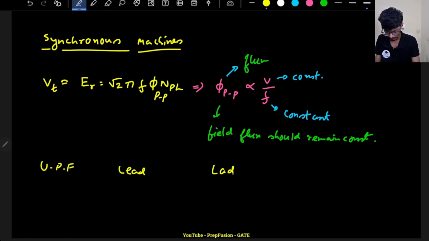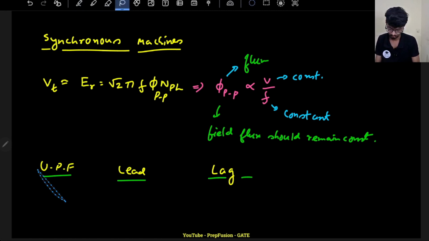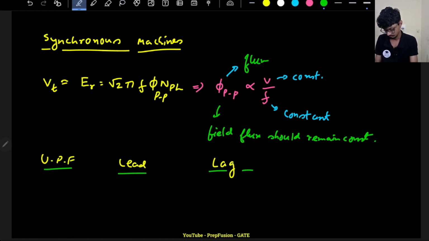So in this three, if you remember, in unity power factor, the field flux did not used to get reduced, right? Whatever field flux was there, that was there, just it was cross magnetizing. So in unity power factor, the effect was cross magnetizing.